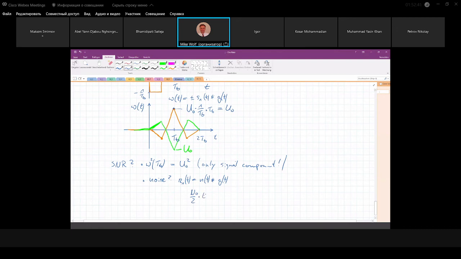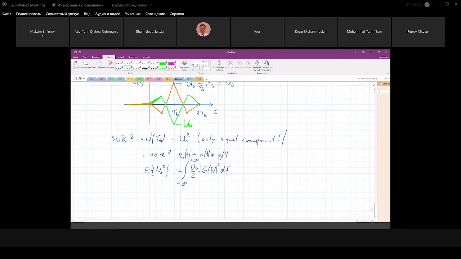We multiply with the magnitude of G squared, right? Noise power spectral density at the output. We integrate over all frequencies from minus infinity to plus infinity and get the noise power. So this would be the expected value at the sampling time, at any time, squared.